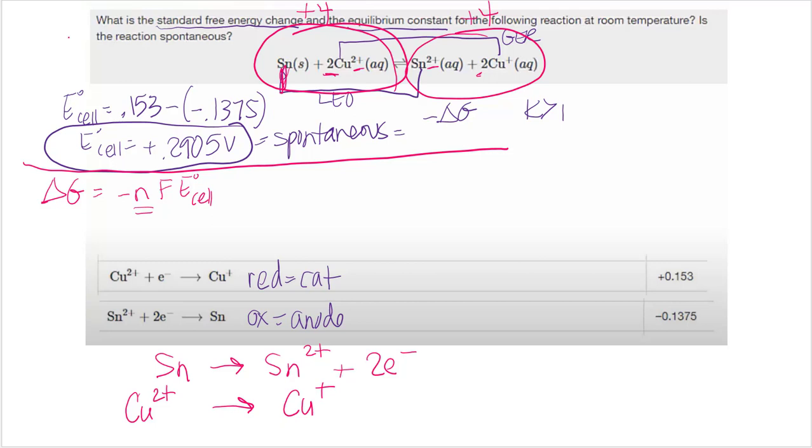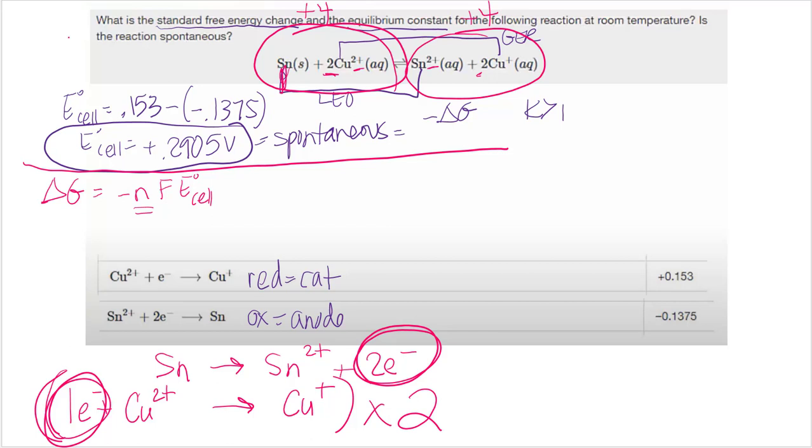All right, so to get my 2+ down to +1, I need 1 electron. That would get both of those to +1. Now we know that LEO needs to equal GER. So because I have 2 electrons on the right, I need 2 electrons on the left. So everything here needs to be multiplied by 2. All right, so therefore our n is equal to 2. 2 moles of electrons are being transferred.